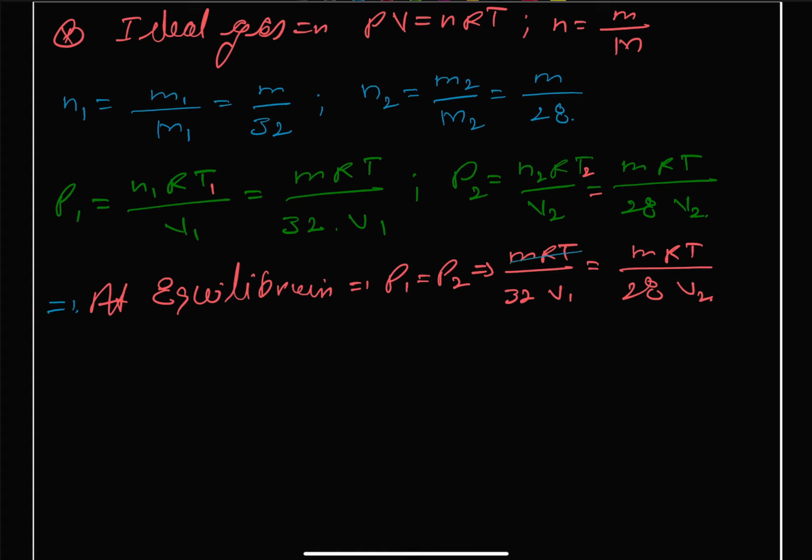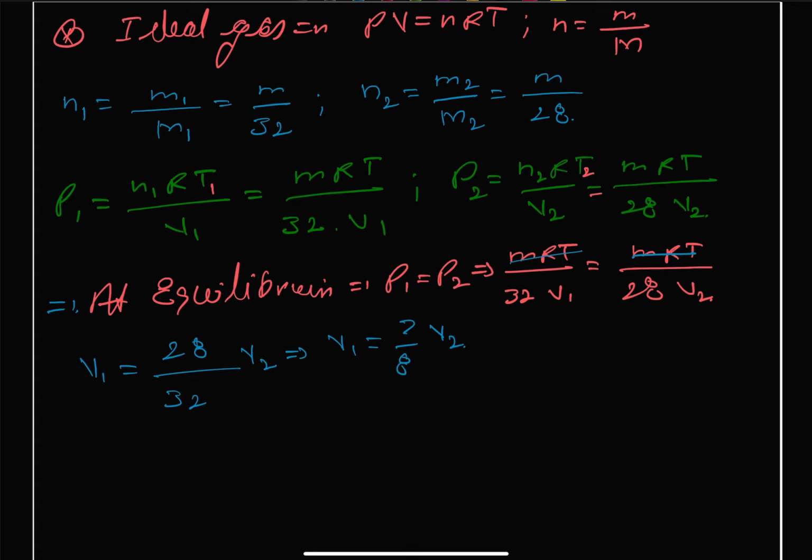And MRT goes away. So from here we can write that our V1 will be equal to 28 by 32 times V2, or simply we can further solve it. This will be coming as 7 by 8 times V2.